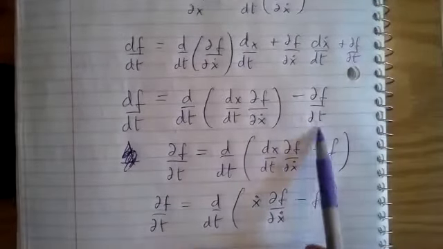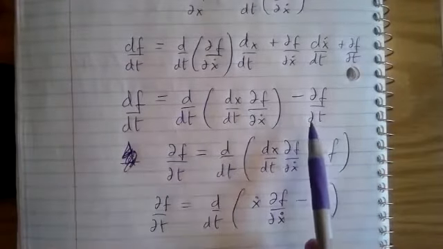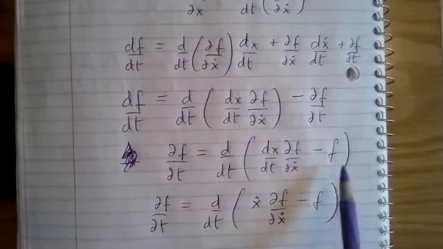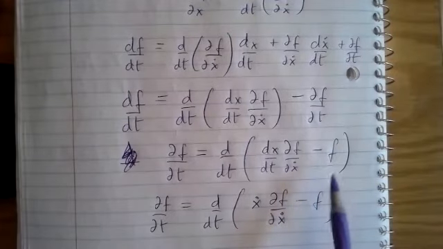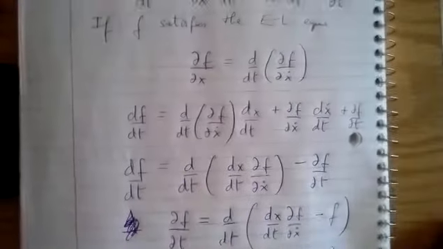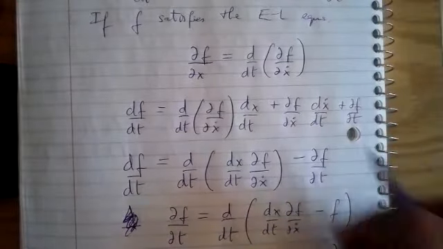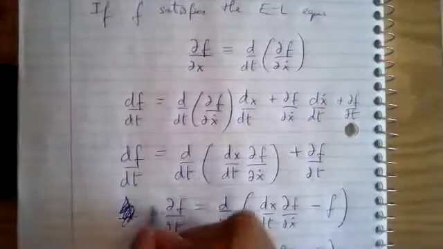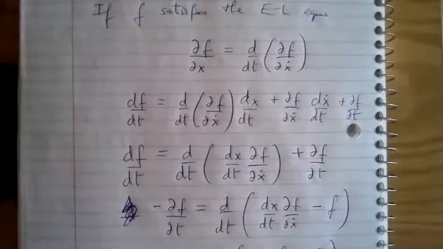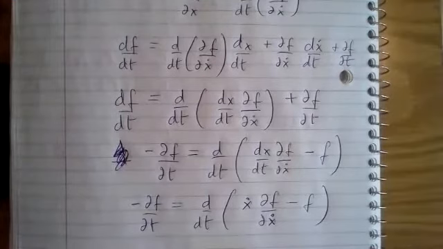No, so I moved this term here, so it lost the minus sign, and I moved this term here, so it gained the minus sign. But I'm asking where the minus sign on that partial came from, because in the line above it doesn't have a partial. Oh, no, you are perfectly correct. That should not be there. That should be a plus. This will be a minus over here. Yes. Thank you for catching that.